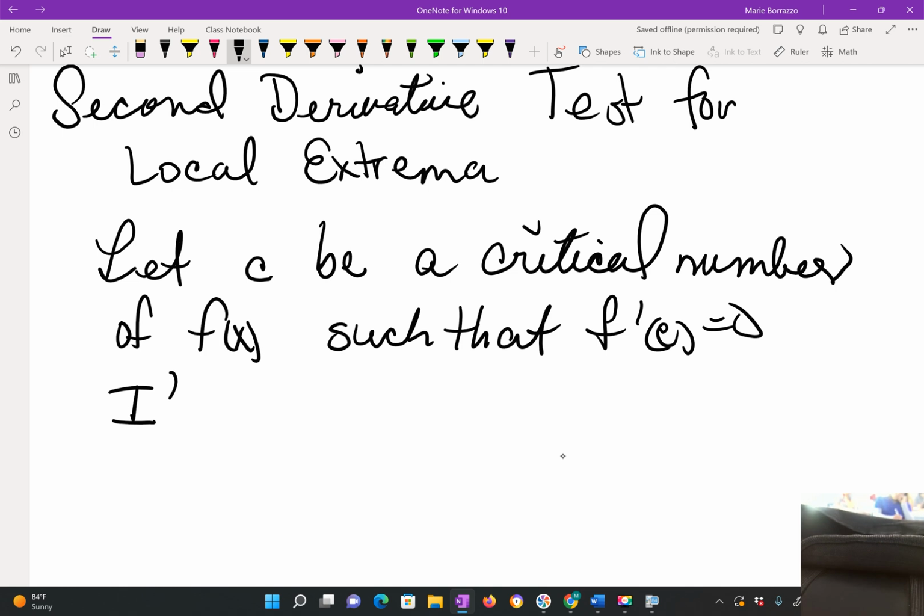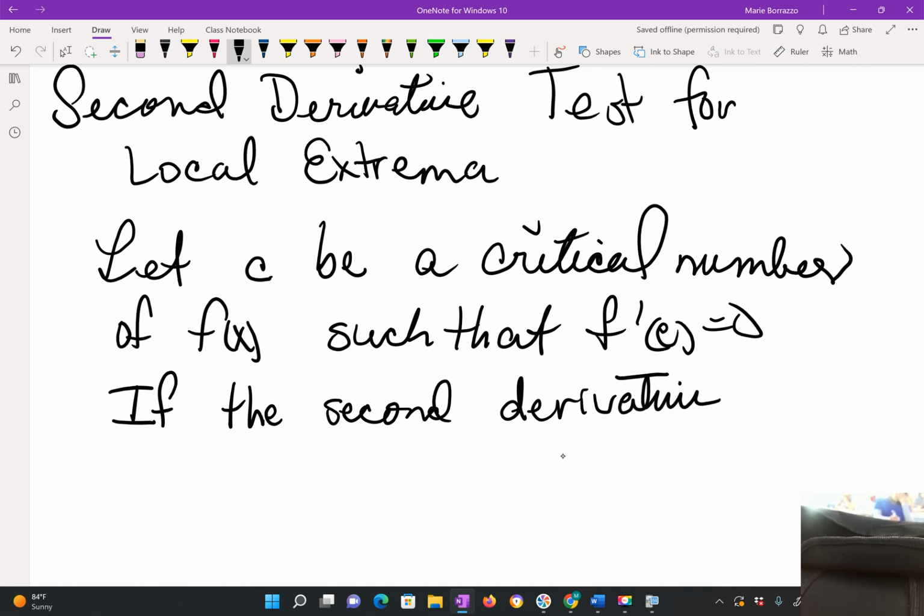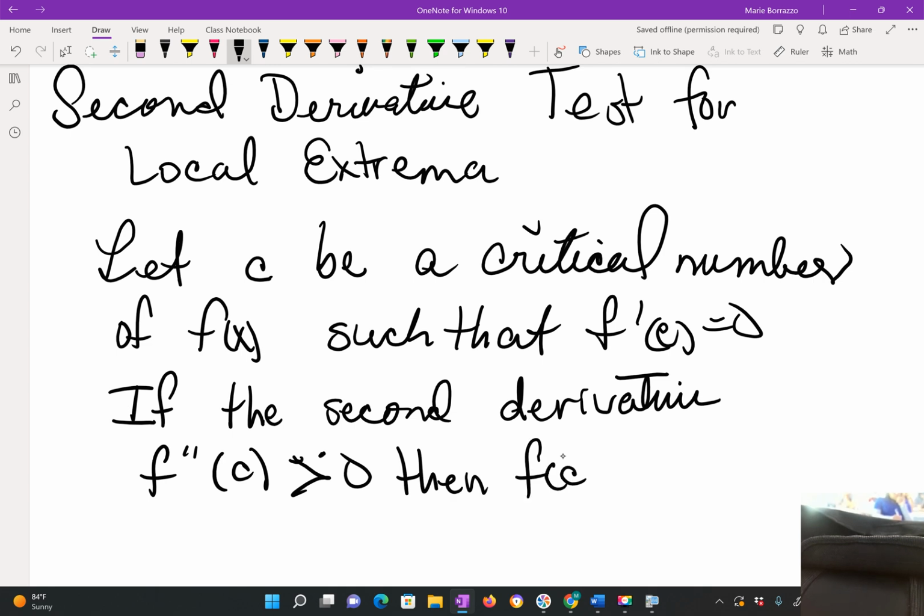If, and this is the rule that I really want you to pay attention to, if the second derivative of C is in this case greater than 0, my bad, it's greater than 0, then f of C is the local minimum.